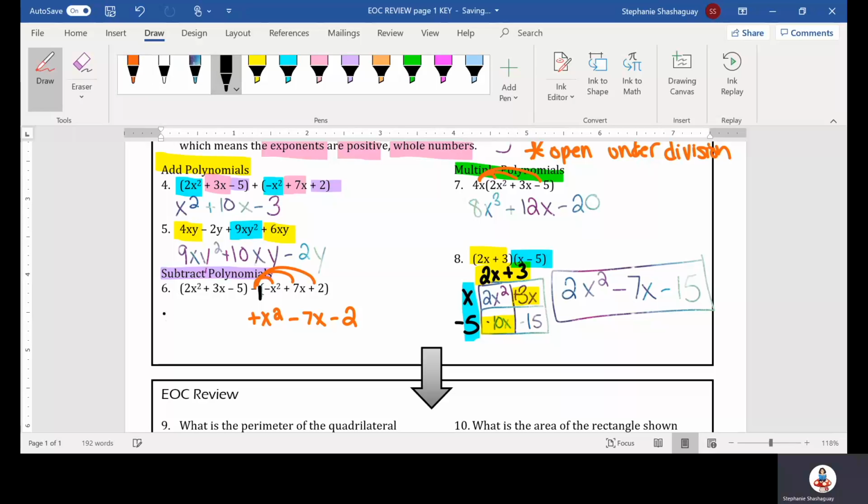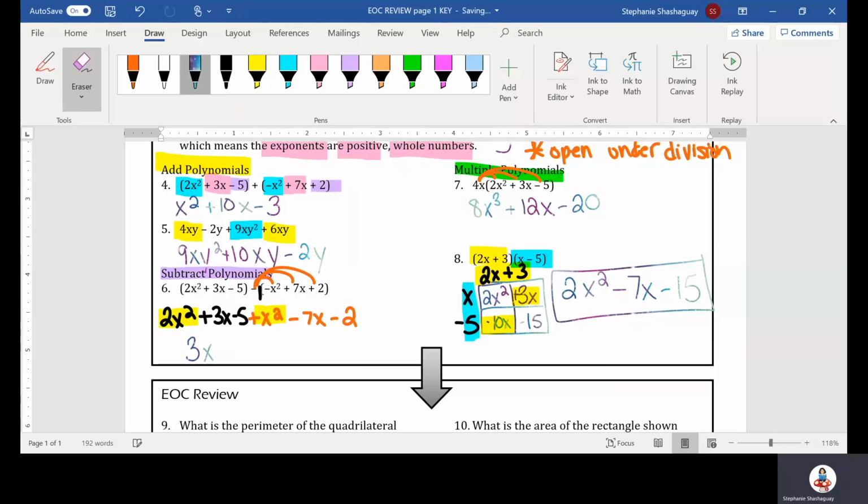Then I still have my 2x squared plus 3x minus 5, and then I just need to combine my like terms. So I have an x squared and an x squared. So I'm going to have 3x squared, because 2 plus 1 is equal to 3.